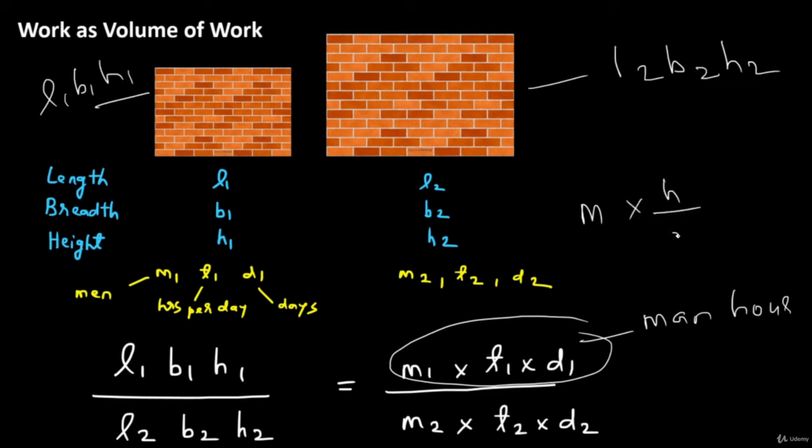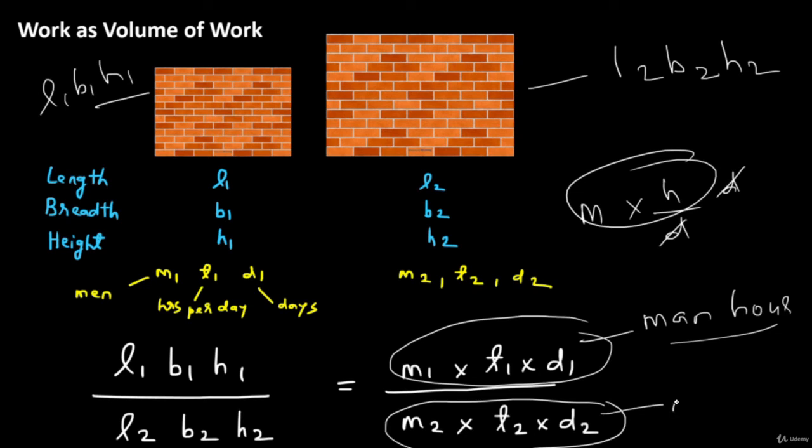So that's hours per day, and then you are multiplying with days, right? So you get at the end man hours. Similarly, over here also you get man hours, and man hours in this case is proportional to the volume of the wall. So in this case, we can say that L1 B1 H1 by L2 B2 H2 is equal to the ratio of the man hours in case 1 to case 2.